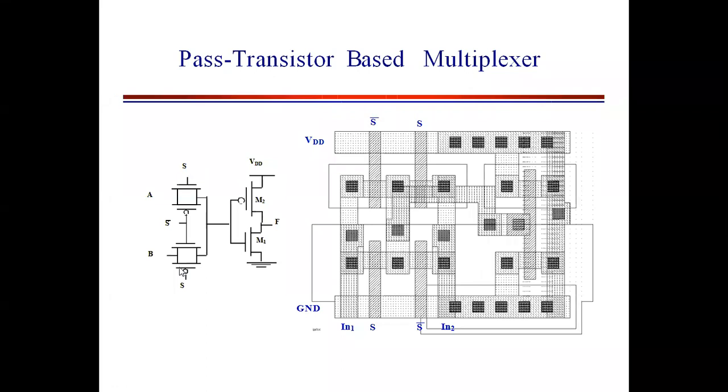That forms the transmission gate. Clear? And at the output you have an inverter that forms the multiplexer. So this is a multiplexer design using transmission gate.